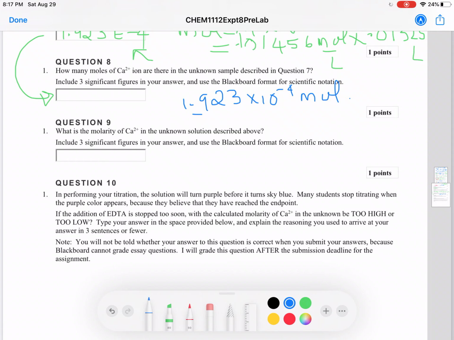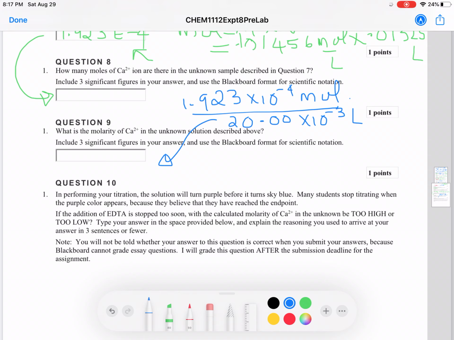You divide it by the volume of the calcium sample, which is 20 times 10 to the negative 3 liters. That will give you the molarity of the calcium sample.